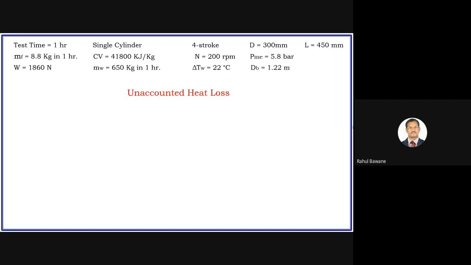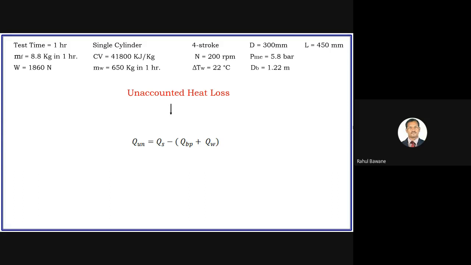Now they don't provide any data regarding exhaust gases, so we are unable to calculate heat carried away by exhaust gas. That means the final unaccounted heat loss. So unaccounted heat loss is equal to heat supplied minus the heat equivalent to brake power plus heat carried away by cooling water.